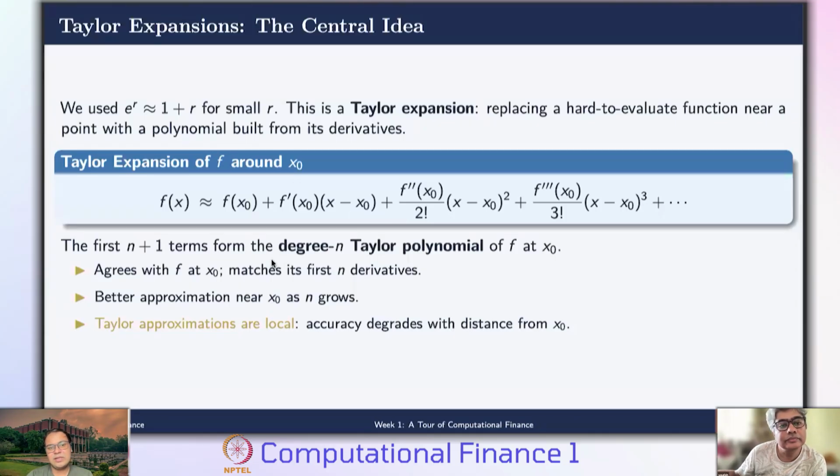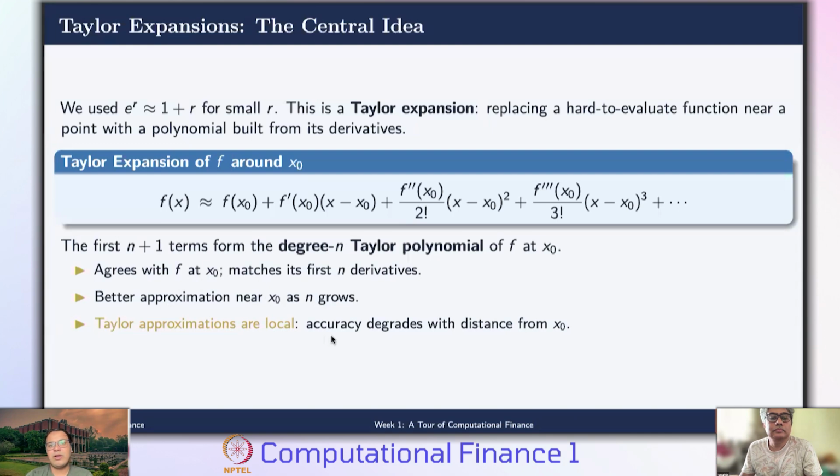The other thing to note is that this approximation gets better and better if we are taking a value of x which is close to x naught. Why is that the case? Because in that case, all these terms become very close to zero. Remember that x minus x naught is the difference. So if this is small, then most of these terms can be ignored.